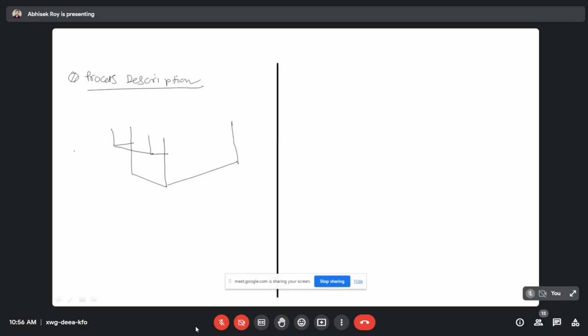Okay. Now suppose water is entering, or anything is entering like this.